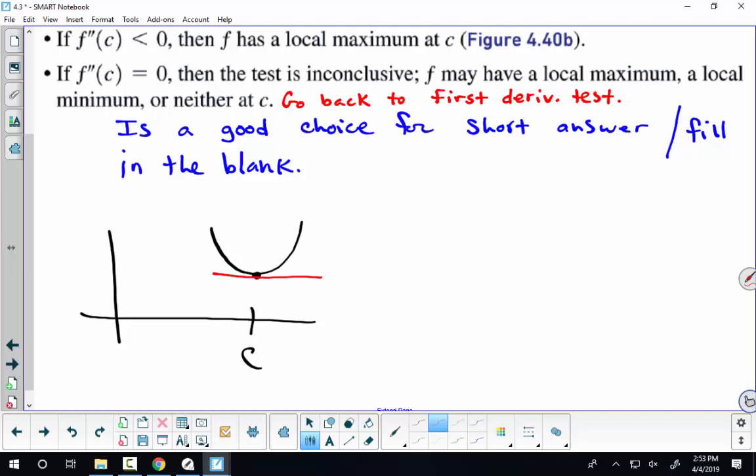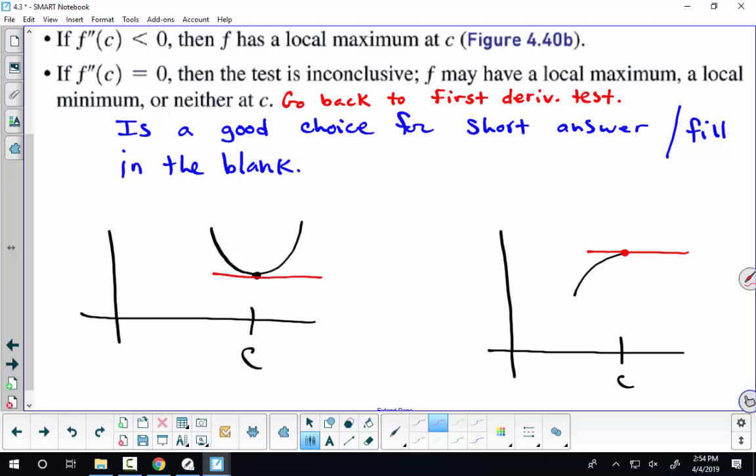The second bullet, if the second derivative is negative at c, then the function's concave down. So it could just be concave down like that, but the other condition where the first derivative is 0 at c gives us that we have to have a local maximum there.